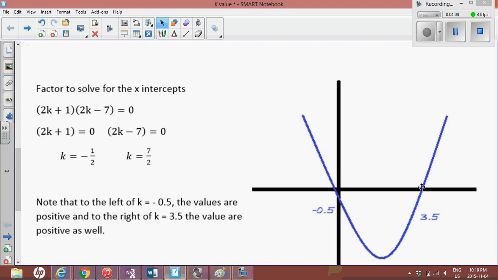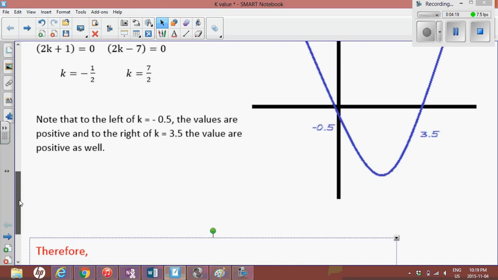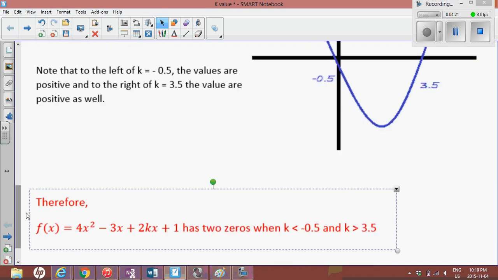All these values in between are negative, which means that there are no solutions at those points. Using this information, we get the final answer that f(x) = 4x² - 3x + 2kx + 1 has two zeros when k is less than negative 0.5, this side here, and k is greater than 3.5.